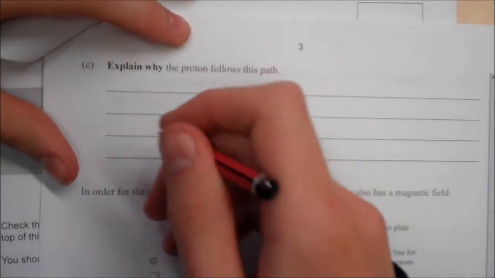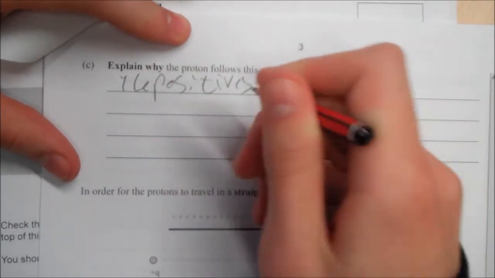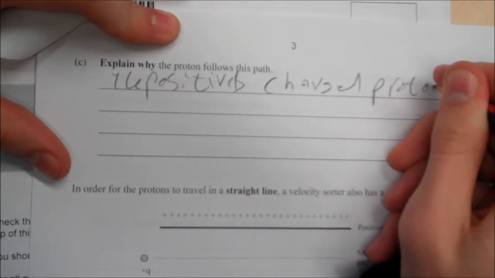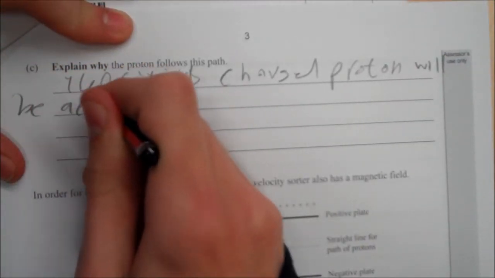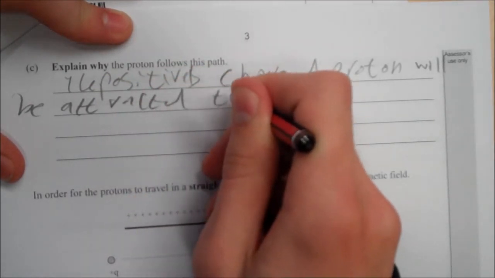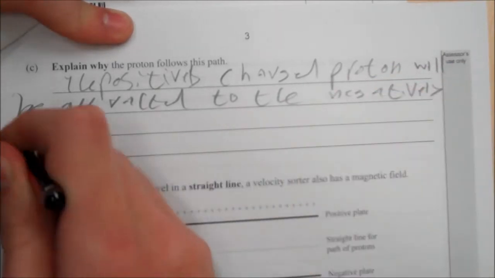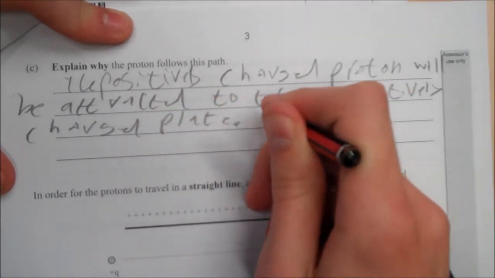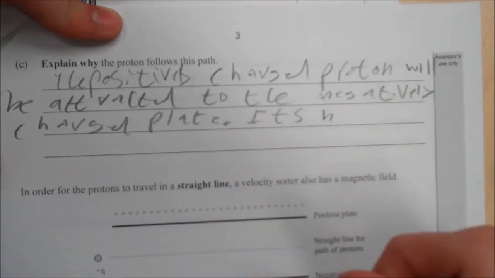Explain why the proton follows this path. Well, I kind of just did that, but the positively charged proton will be attracted to the negatively charged plate. Its horizontal speed is constant. Its horizontal speed and the pull of the negative plate is constant.